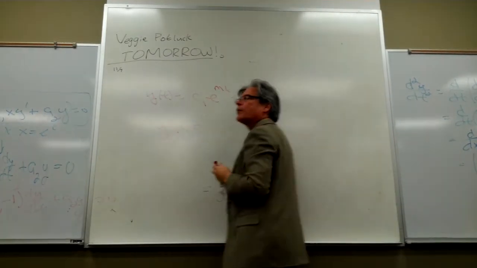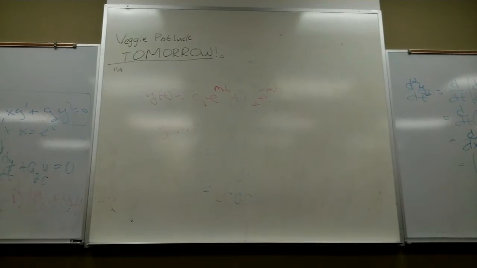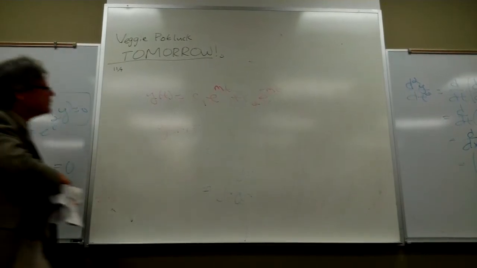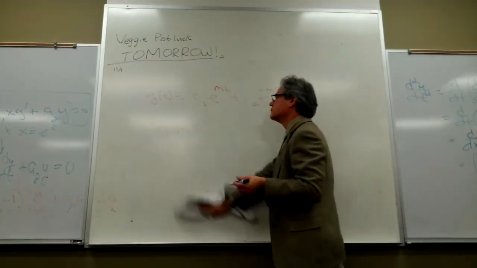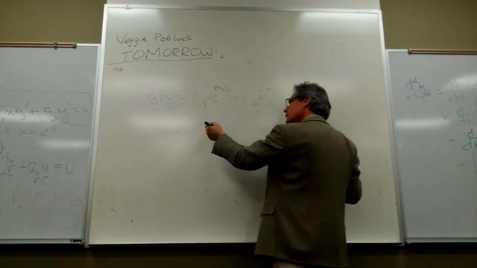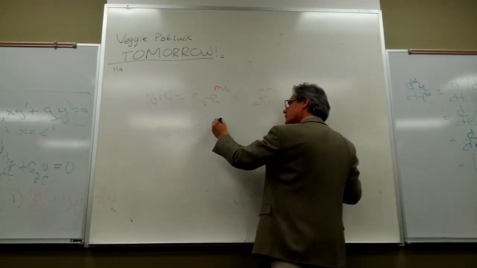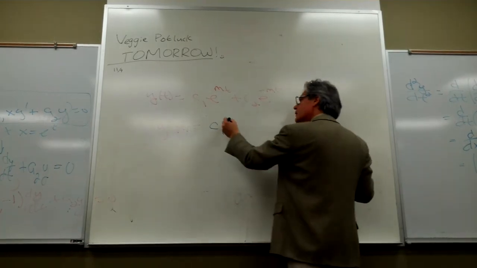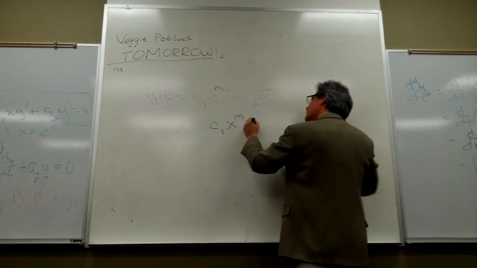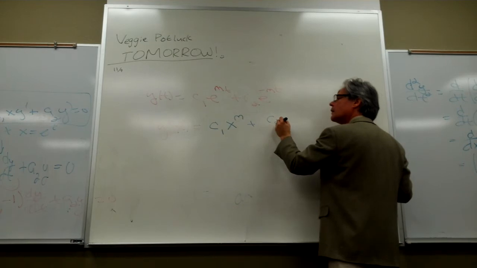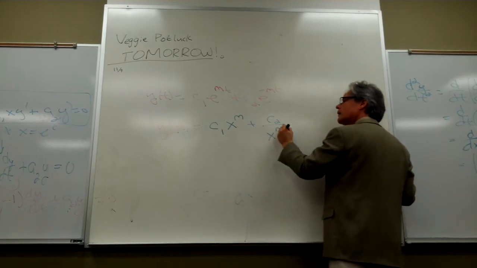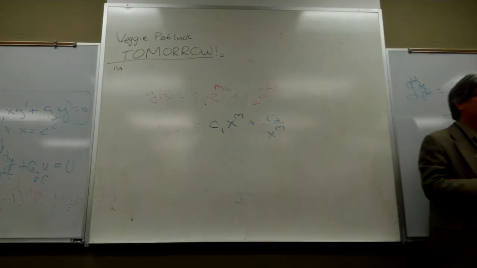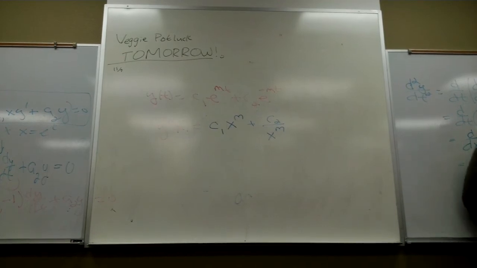I guess that means that y as a function of x is going to be nothing more than c1 and so on. Is that okay? And we solve the DE.